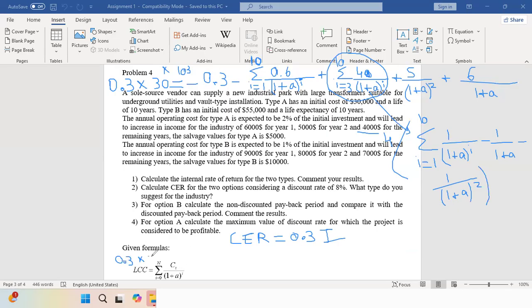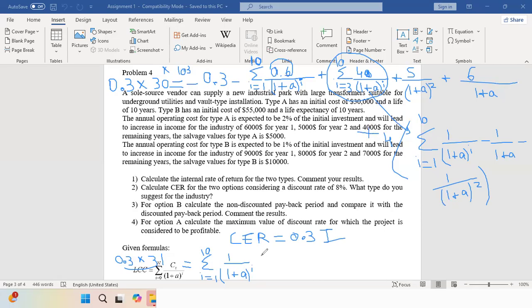So 0.3 times 30 plus 0.3, and 0.3 times 31 equals, for the summation from 1 to 10, you can take into factor the summation from 1 to 10 of 1 over 1 plus A to the power I, times what you have here, minus 0.6, plus 4.